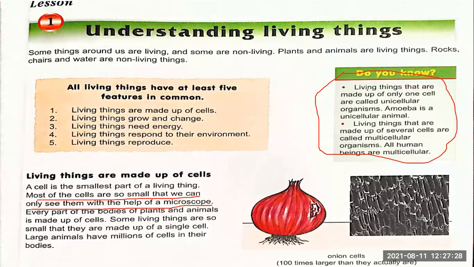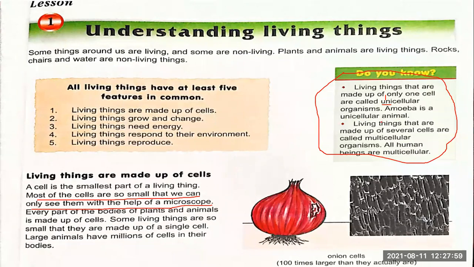Living things that are made up of only one cell are called unicellular. Uni means one. Unicellular organism. Amoeba is a unicellular animal.